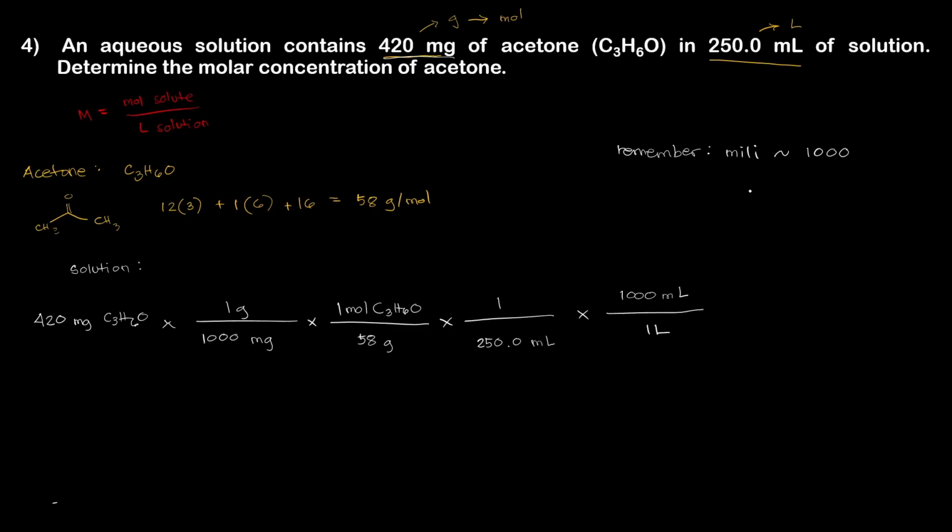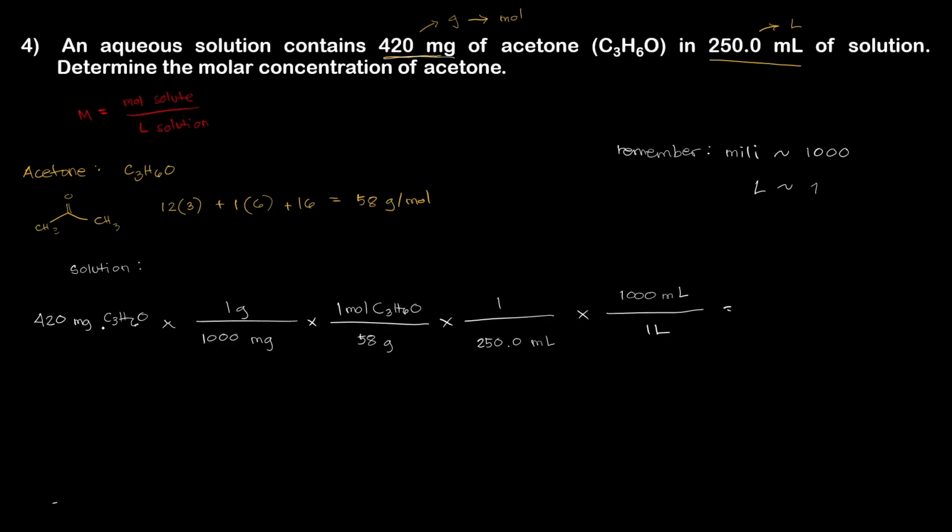What do I mean by non-prefix form? Let's say milliliter. So the non-prefix form would be liter. Milligram, the non-prefix form would be gram. So 1000 milli will be equal to 1 of the non-prefix unit. So for instance, 1000 ml is 1 liter. I hope you get that.